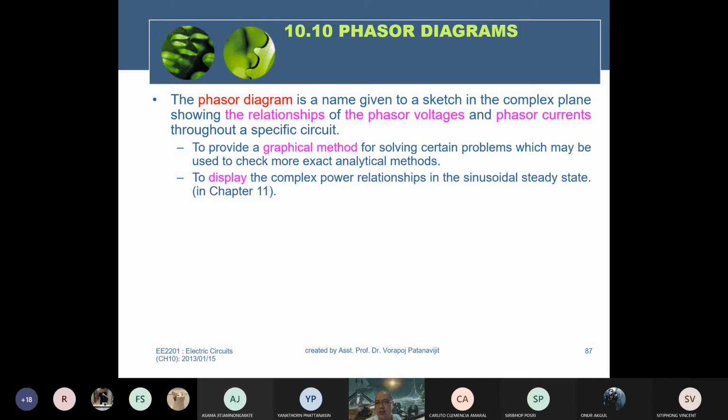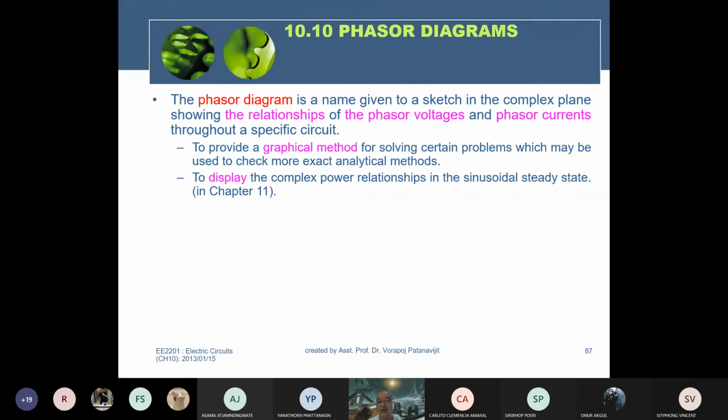You may have the question, why do we plot them? We would like to find the angle between the current and the voltage, and the only way to provide that graphical point of view is to plot them in the phasor plane or phasor diagram. The phasor diagram is a very powerful tool for analyzing the current, the power and the voltage in AC circuit analysis.